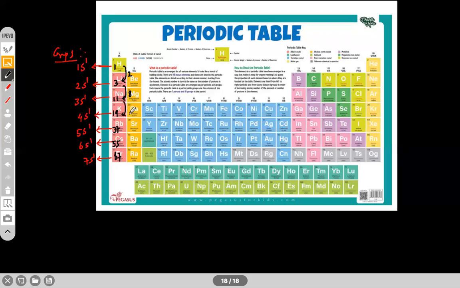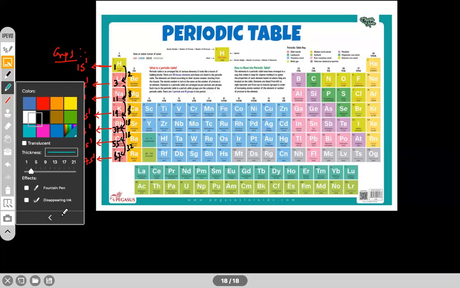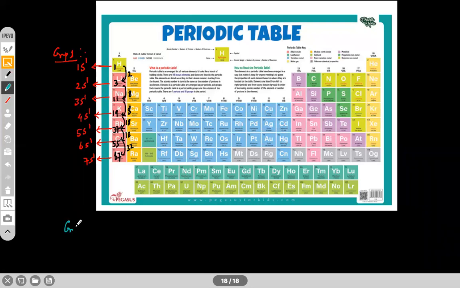This difference is again 8. This difference is 18. This is 18. And this is 32. So if you look at these numbers, 2, 8, 8, 18, 18, 32, these numbers are called magic numbers for group 1.